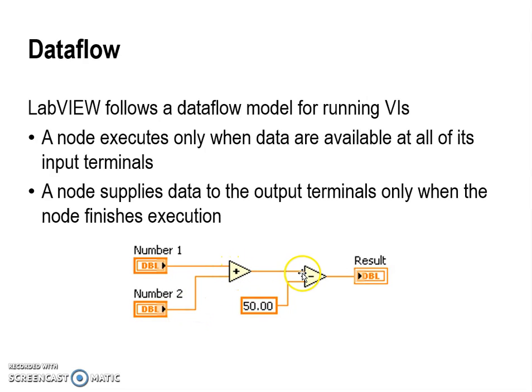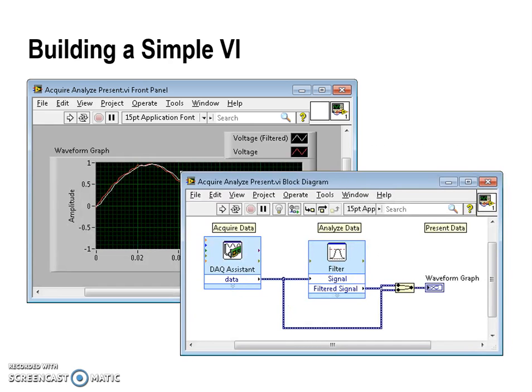The result will be supplied to this function, which is a subtraction function, and it would take that data, subtract a constant of 50, and then finally supply that result to the result indicator. So any function, any node that I have on the block diagram, will not execute until it receives data at all the inputs.